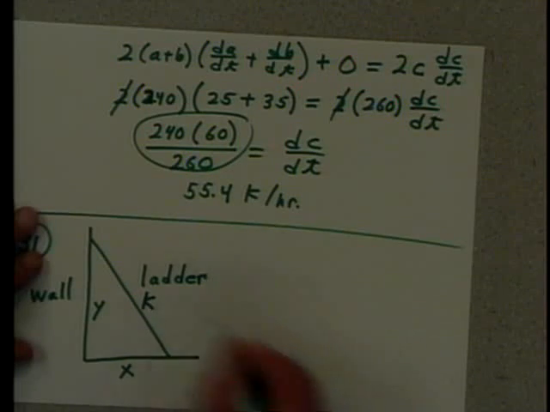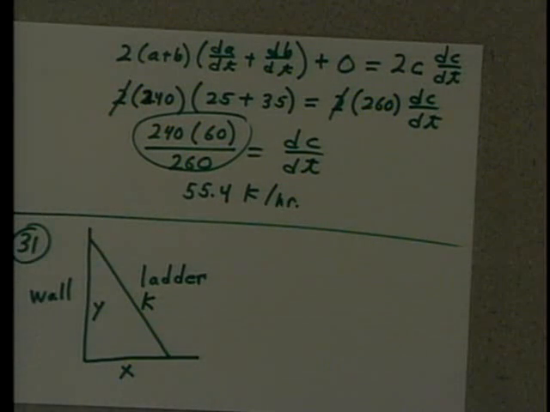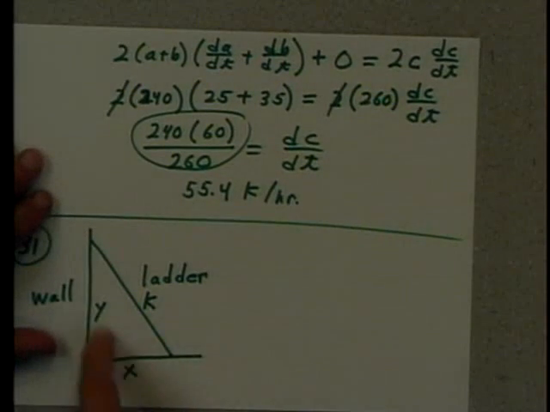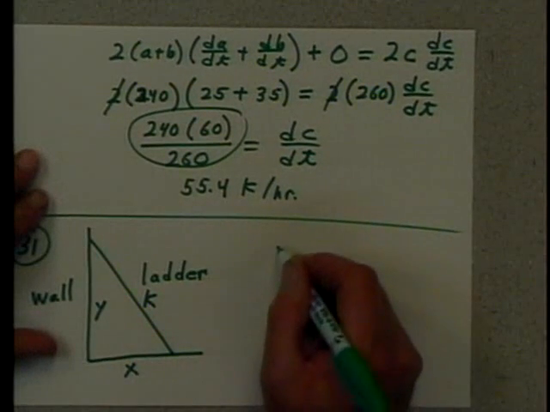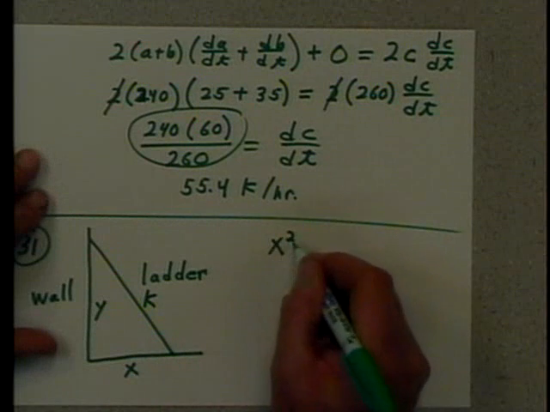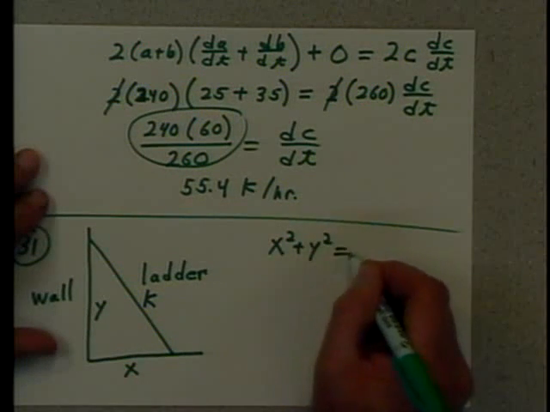I like K, because K in just about every math book I've ever had usually stands for some constant. Okay, now I need an equation relating those together. Right, x squared plus y squared equals k squared.